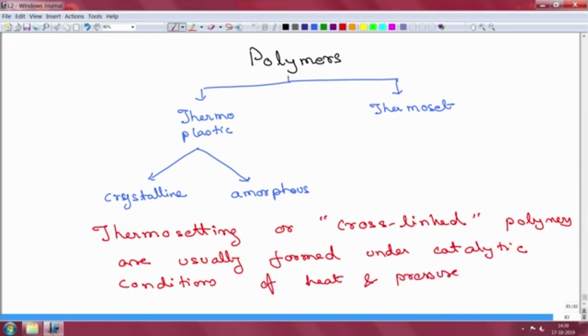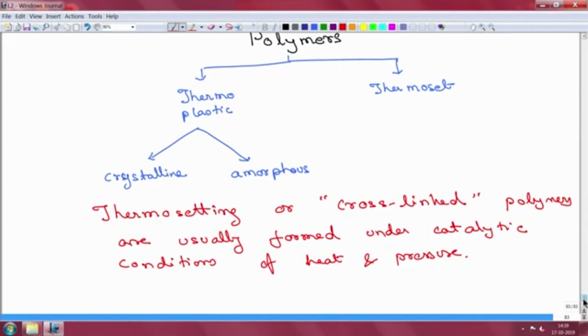And the reason we are mentioning this formation is because during the polymerization process, it causes the formation of covalent bonds between individual chains. Okay. So, covalent bonds exist between individual chains.